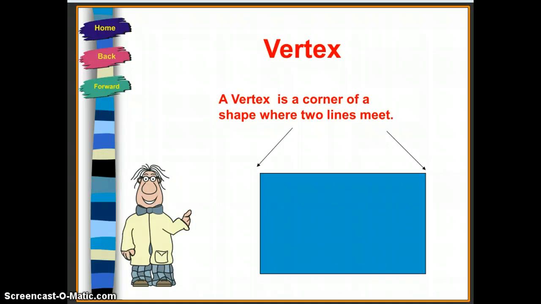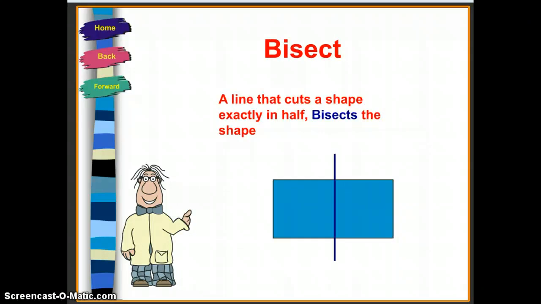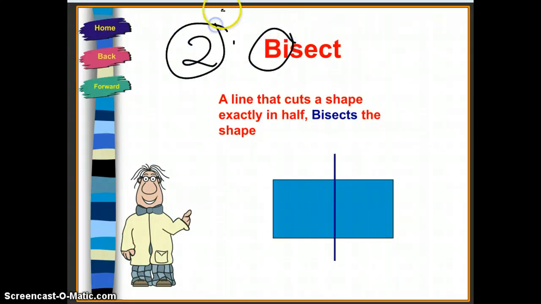Next one, vertex, that's the corner. So it's a language thing that these are the vertexes. Diagonal is when you go from one vertex to the opposite vertex. It's a diagonal distance. Bisect, bi means two. So when you bisect, you cut it exactly in half.